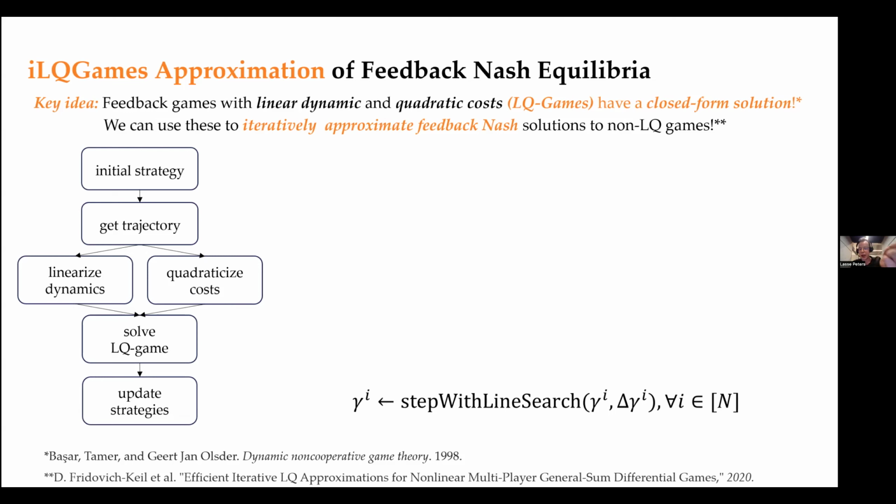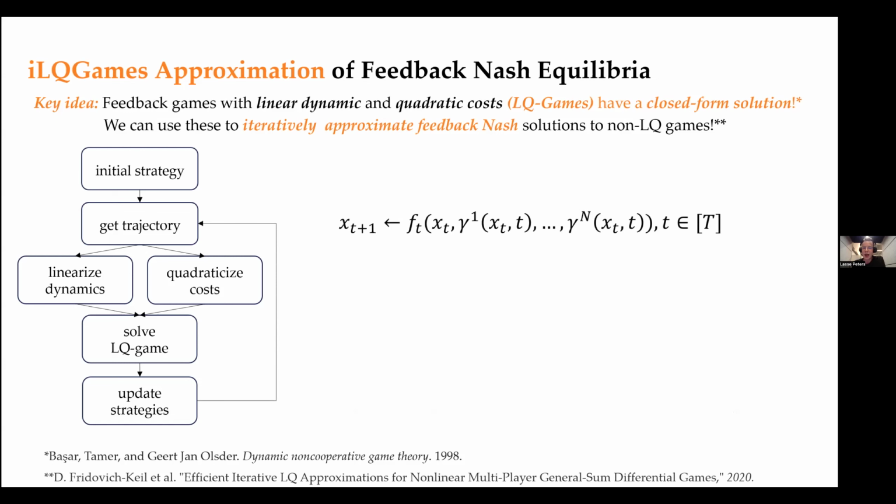So we're searching in the direction delta gamma for the best step size. Then with these updated strategies, we again roll out the nonlinear dynamics and repeat. We repeat this until convergence, which means until the LQ game solve no longer updates the player strategies, so there's no longer innovation.